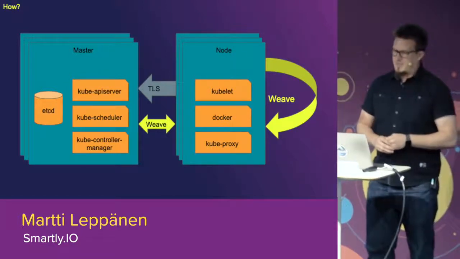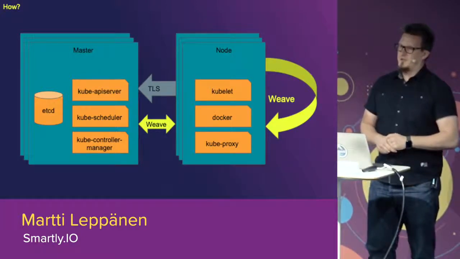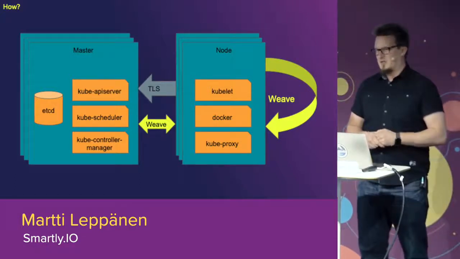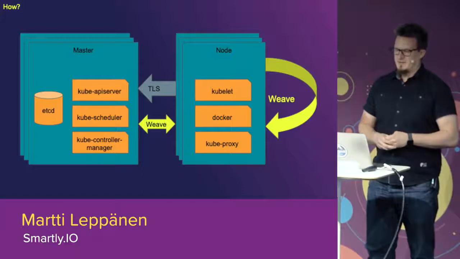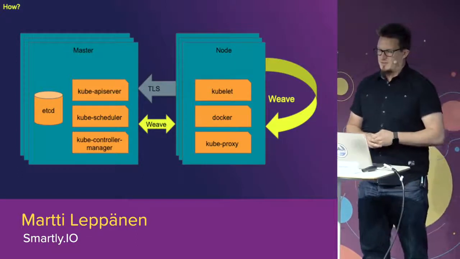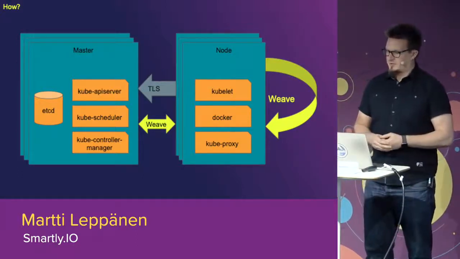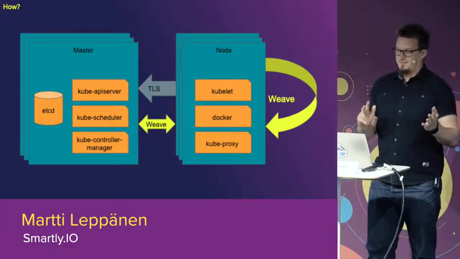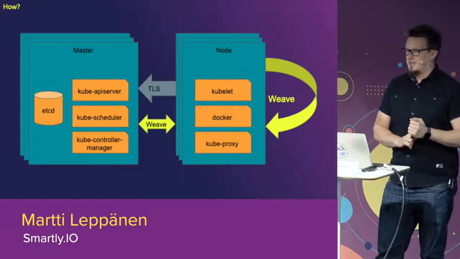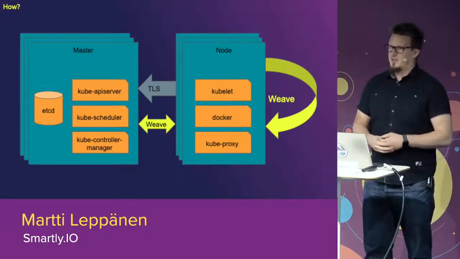And then you have the Kube controller manager, which in reality is the most complicated piece of software in these three that I now listed. So this is running all the controllers. It's running the replication controllers, endpoint controllers, service account controllers, and others, all run in the same binary, Kube controller manager.